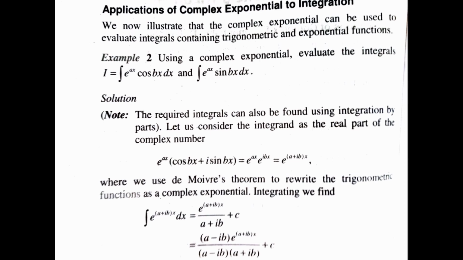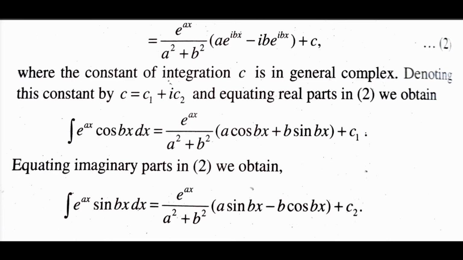Now we multiply the numerator and denominator by a minus ib. Then we get (a minus ib) into e raised to (a plus ib)x divided by (a minus ib)(a plus ib) plus c, which is equal to e raised to ax divided by (a squared plus b squared) into (a e raised to ibx minus ib e raised to ibx) plus c, where the constant of integration c is in general complex.